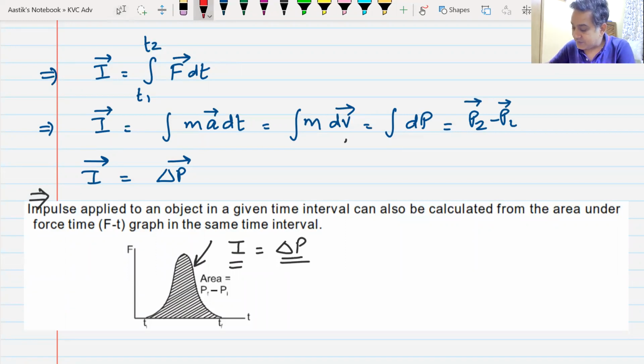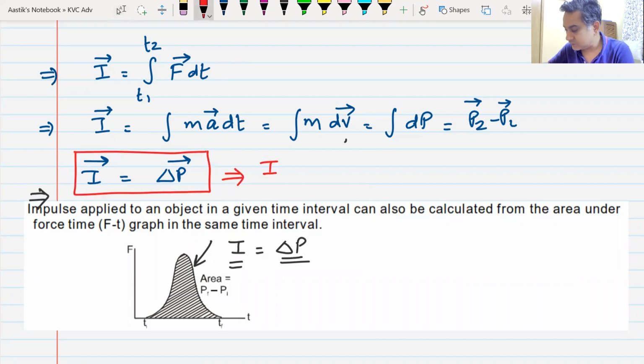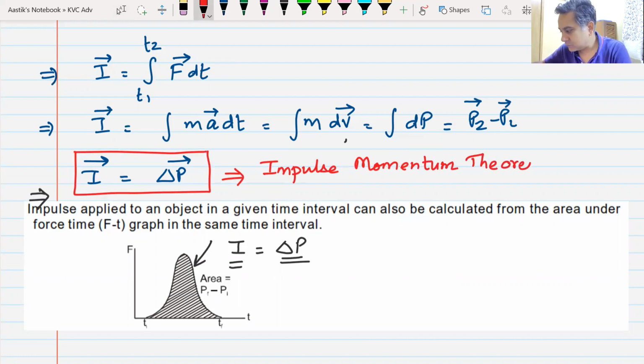When we had written this statement, impulse is the change in momentum, this statement is known as impulse momentum theorem. Whenever we have an impulse acting on a body, the momentum of the body would change. This is known as impulse momentum theorem. Do we understand this? Yes, sir.